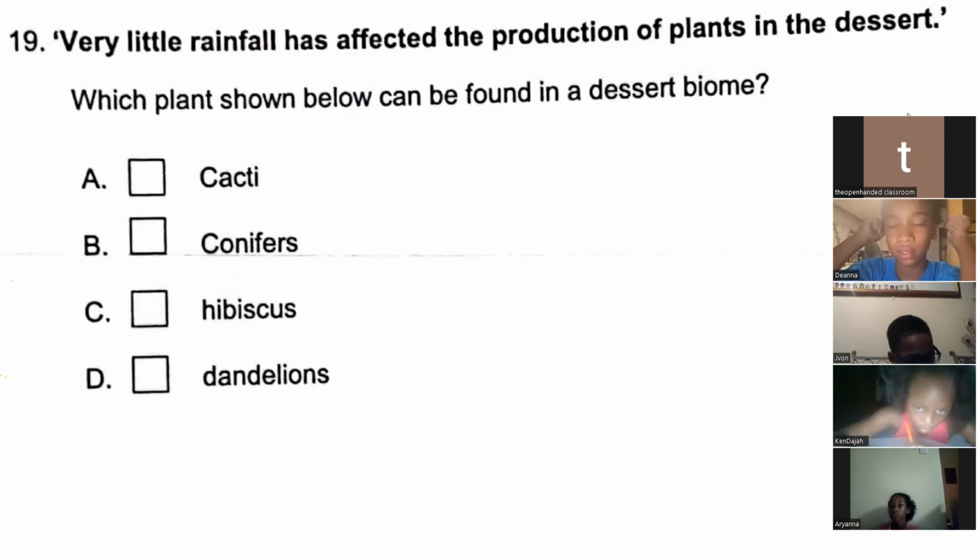Which plant shown below can be found in a desert biome? A, cacti. B, conifers. C, hibiscus. And D, dandelions.